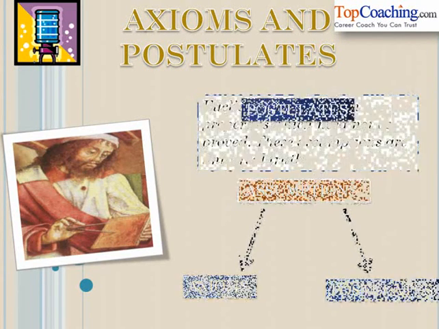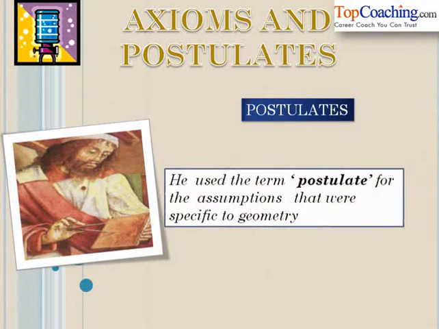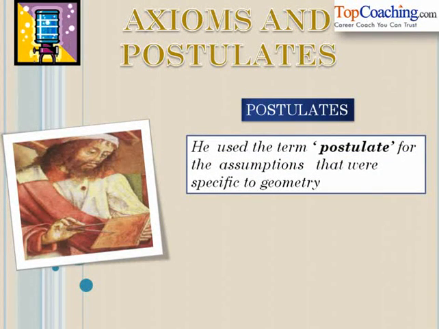Now how? Let's see. What are postulates? Euclid used the word postulate for the assumptions that were specific to geometry. So Euclid termed all the assumptions that were specifically confined to geometry as postulates. And what were axioms?